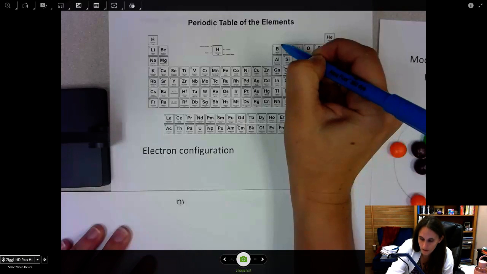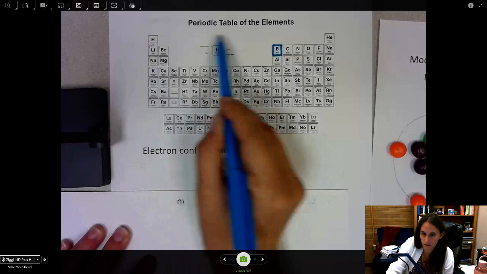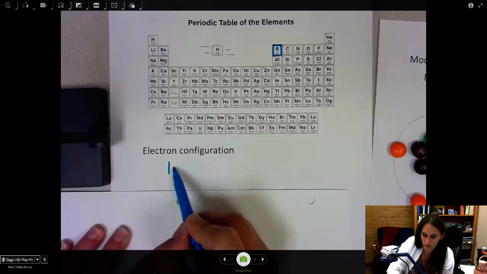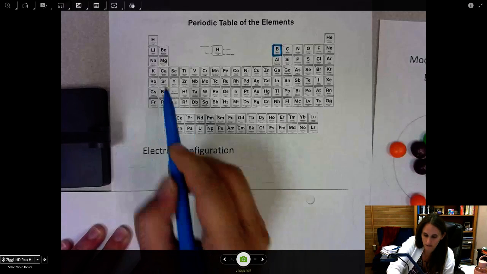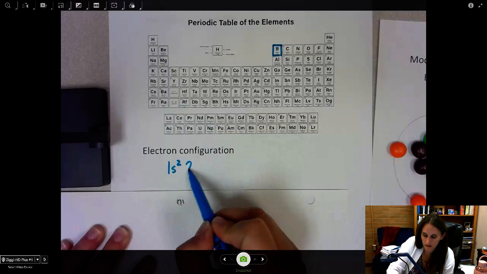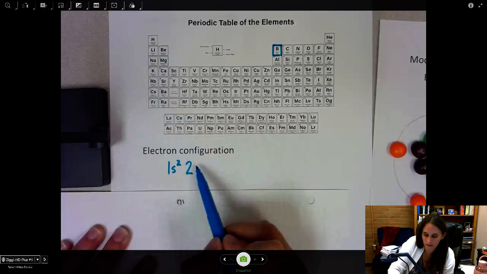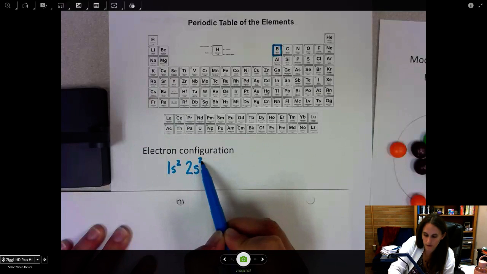So based on boron's location on the periodic table, its electron configuration would be 1s2. Now I have to go through the second period, the s block. This is my s block. I go over 2.